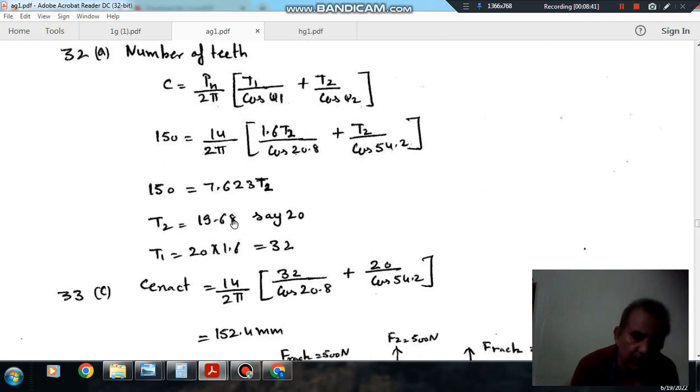Okay, as the number of teeth cannot be 19.68, it is 20. So if one gear has 20 teeth, as the velocity ratio is 1.6, the other gear will have 32.